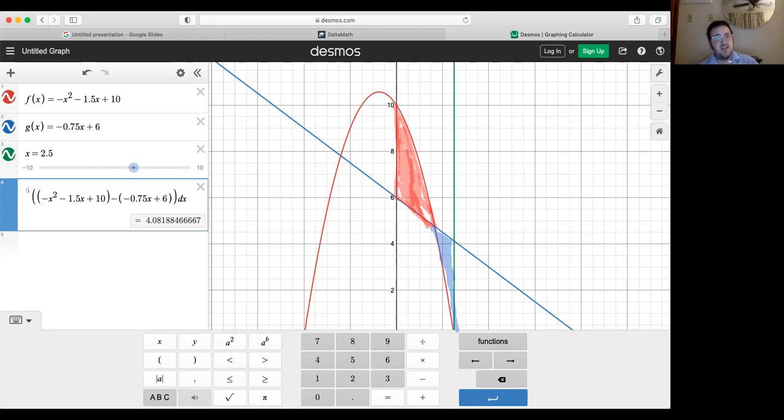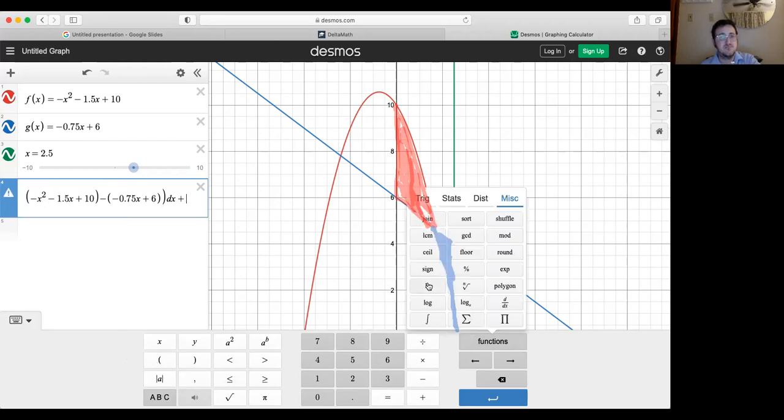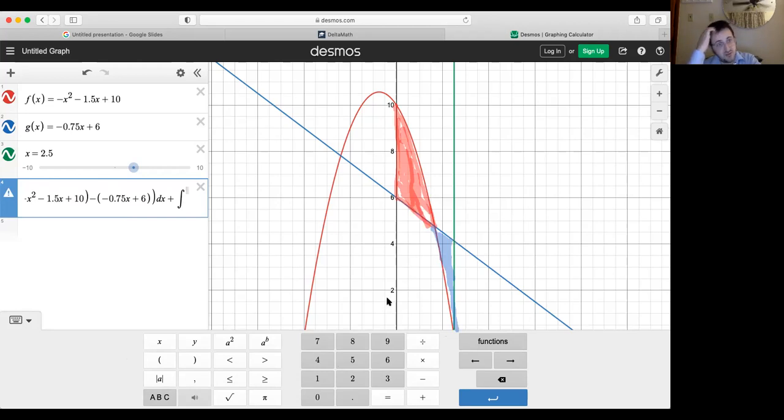All right. Then what we're going to do, we're just going to add our next integral. I'm going to do the integral from 1.66 to 2.5. And I got on top the negative 0.75x plus 6 minus a negative x squared minus 1.5x plus 10.